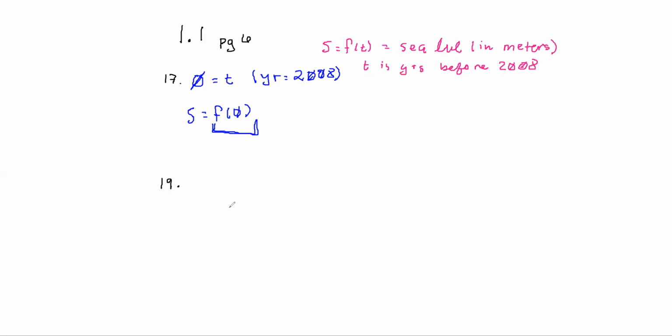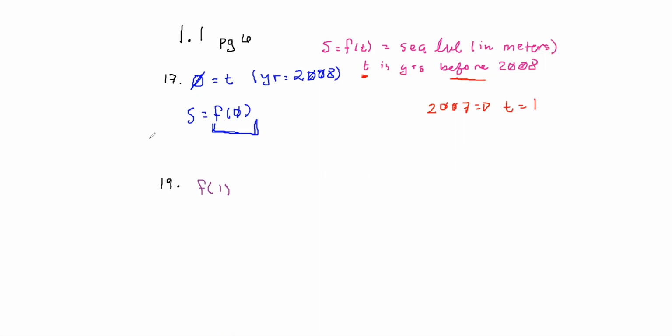Yep. So we're going to start with, actually, sorry, my handwriting, it's going to be f of 1, not f of -1, because of the way that this is written initially up here. We're saying that t is years before 2008. So 2007 is t equals 1.